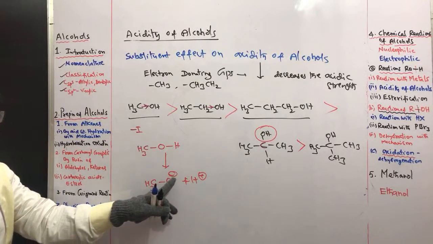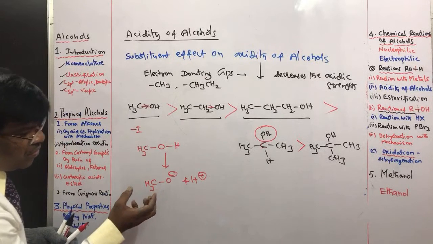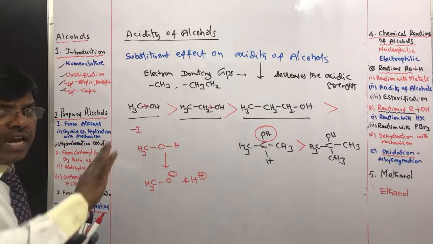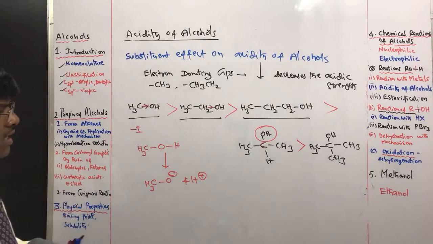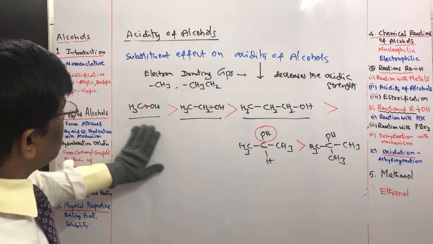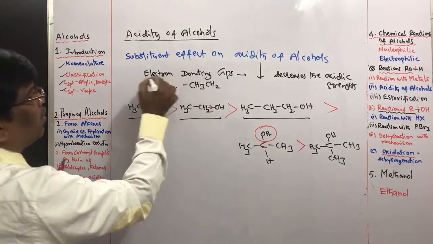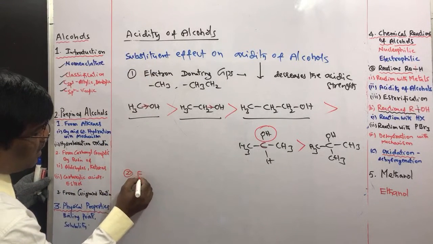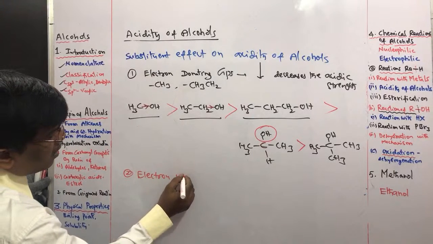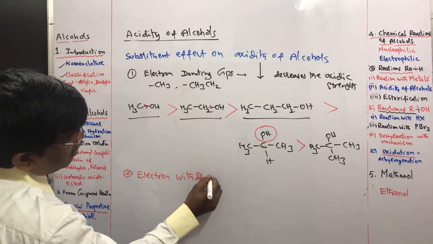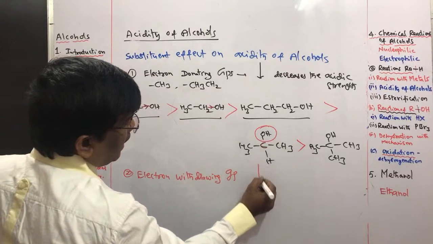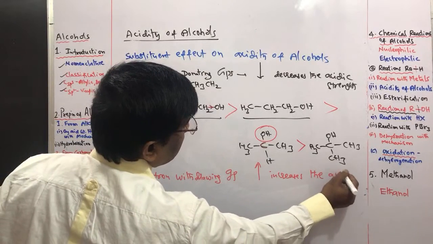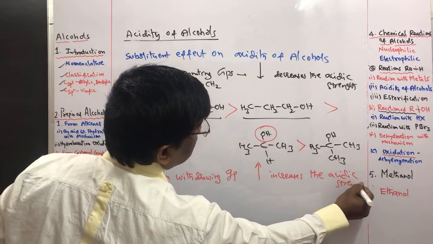If this negative charge is attached to some electron withdrawing group, the negative charge is going to be shared and it is going to be a strong acid. That is why electron donating groups decrease the acidic strength, whereas electron withdrawing groups increase the acidity or acidic strength.